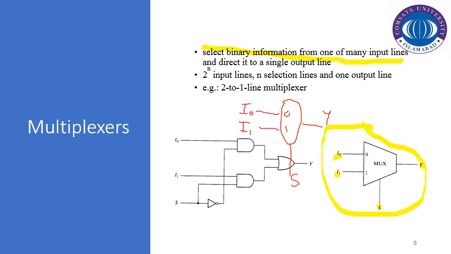A slightly different symbol for some other digital logic designs can confuse you with multiplexers, but they have different functionality. This symbol somehow resembles the multiplexer symbol, but this is not a multiplexer.